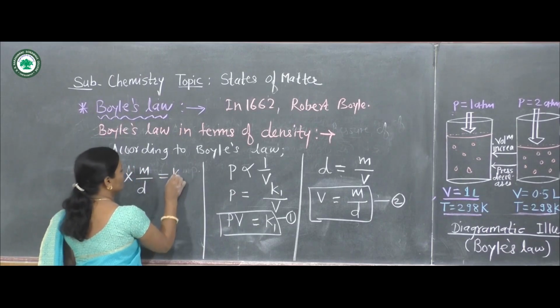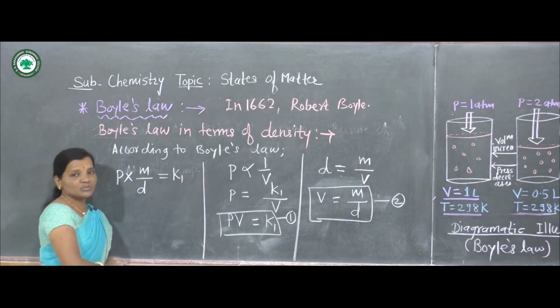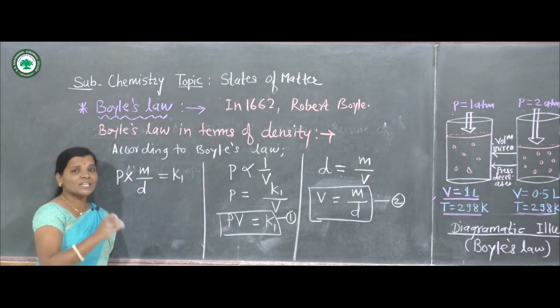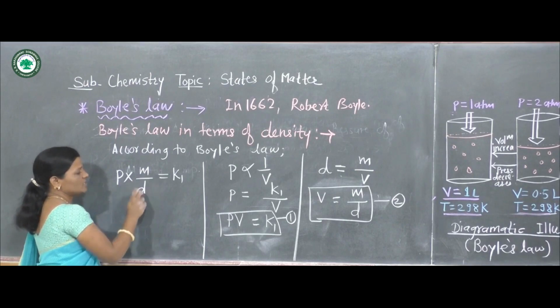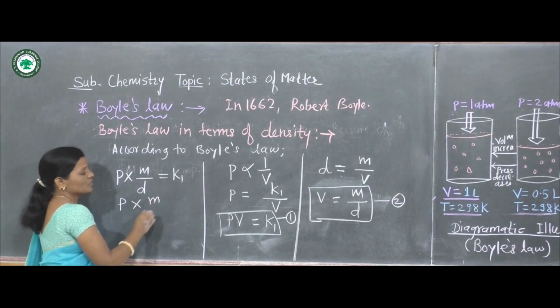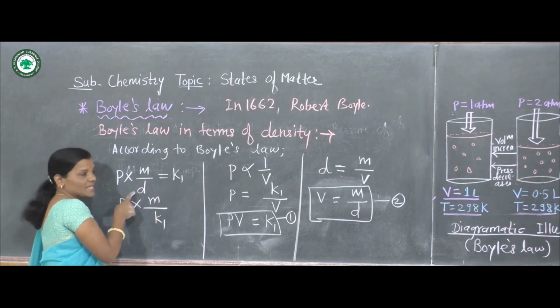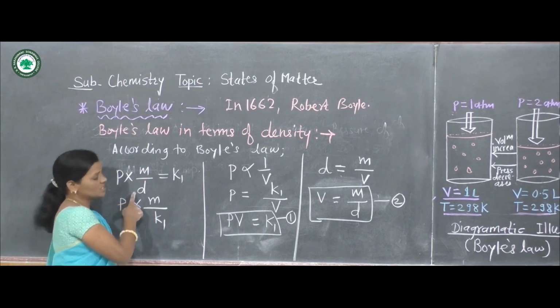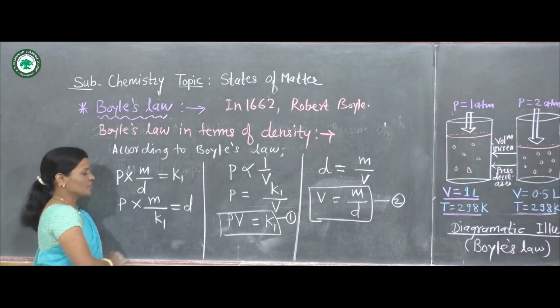is equal to K1. Okay, now this law we are going to study for the fixed amount of number of moles. Mass of the gaseous system remains constant. So rearranging this equation, we can write here pressure into mass of the gaseous system divided by this K1. Now this density is divisible to this side, that will go to the upper side on the next side.